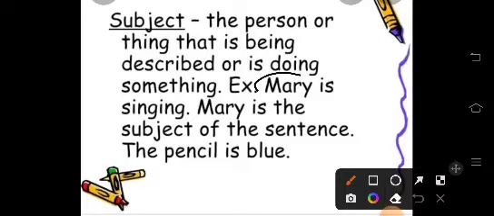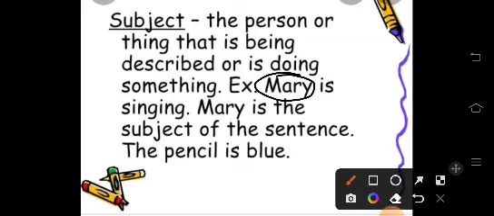You can identify the subject by asking two questions: who or what? If you ask who is singing, the answer is Mary. So the subject is a person or thing that is being considered, shown, or talked about.